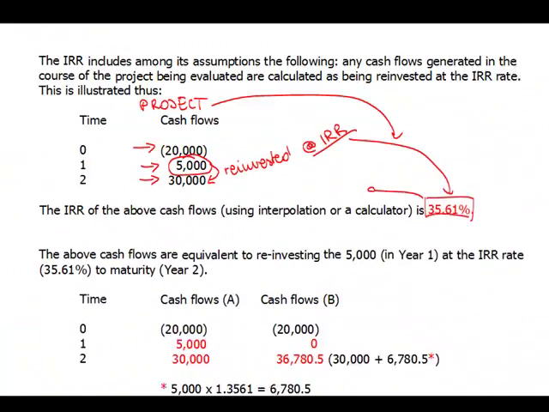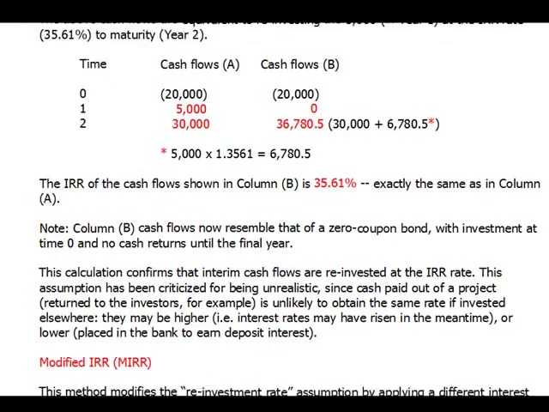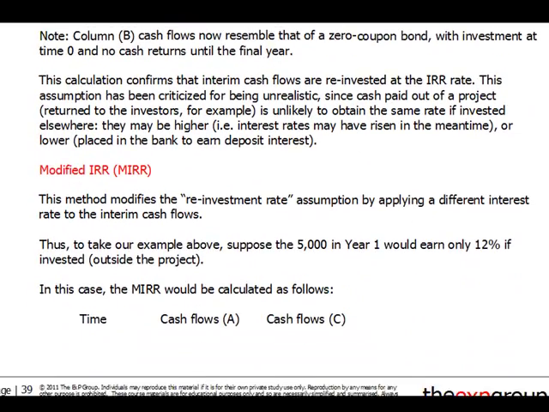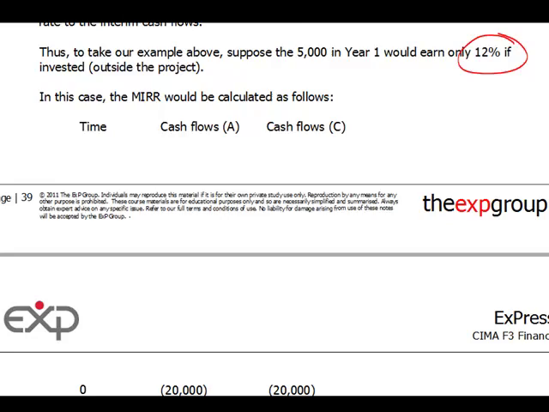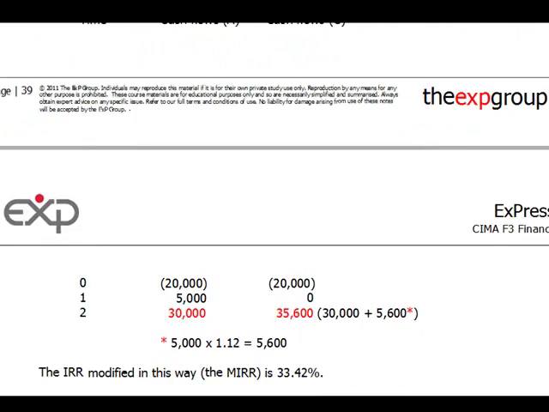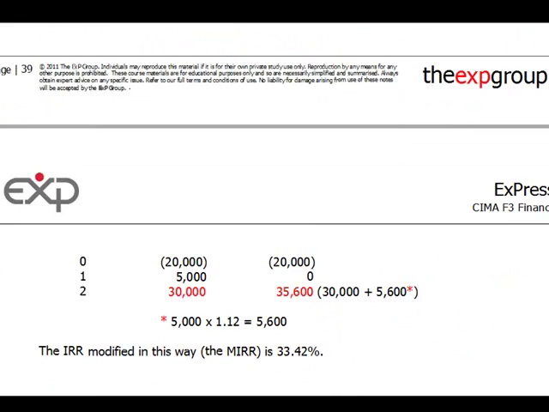Now, how will it look in practice? At the bottom of the page, you have this worked out. If you reinvest at 12%, your calculations go like this. 5,000 multiplied by 1.12 will give you 5,600.